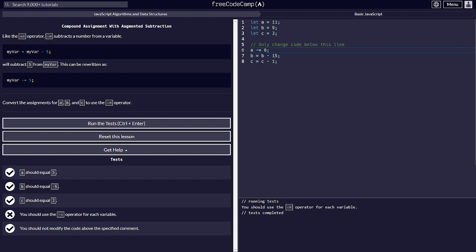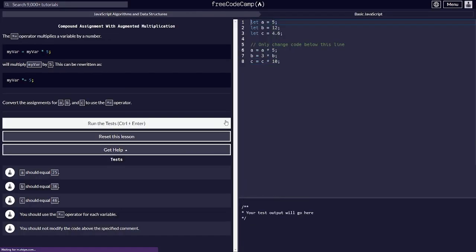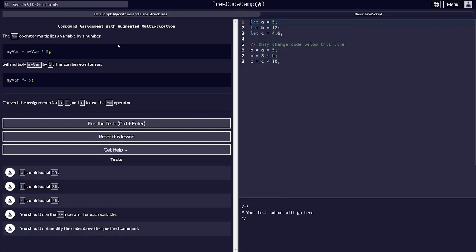Okay, so B, I think I'm not supposed to put a space there. C should equal minus 1. There we go. I guess I was supposed to leave a space in between the equal sign. That was the problem the first time.